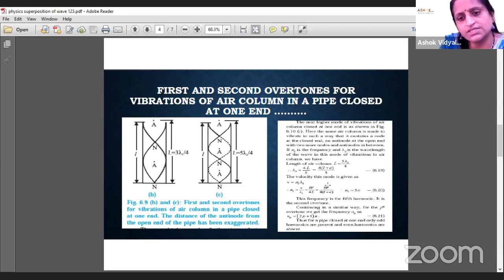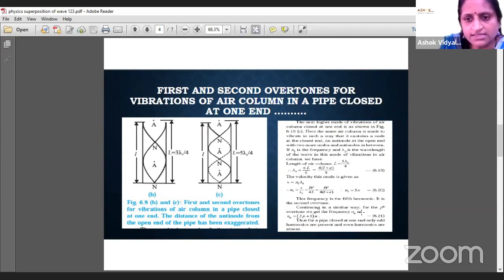Again, substitute this value in the equation V is equal to N2 lambda 2. Therefore, N2 is equal to V upon lambda 2. Substituting the value of lambda 2 in the above equation, we get 5V upon 4 into (L plus E). This is the frequency of the fifth harmonic, which is the second overtone.